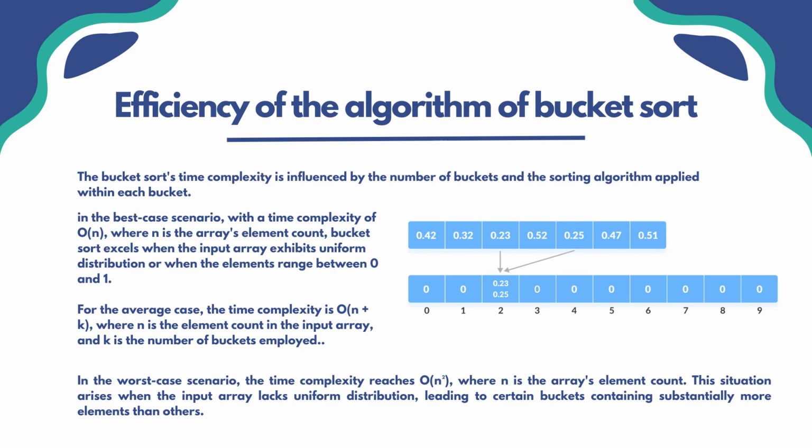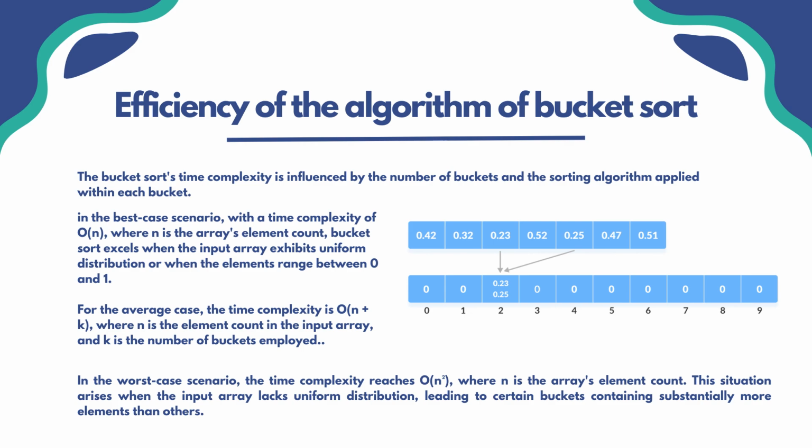For the average case, the time complexity is big O of n plus k, where n is the element count in the input array and k is the number of buckets employed.